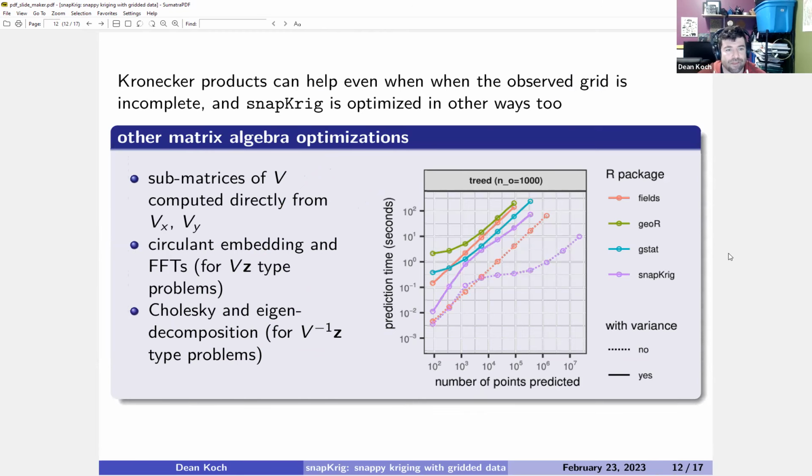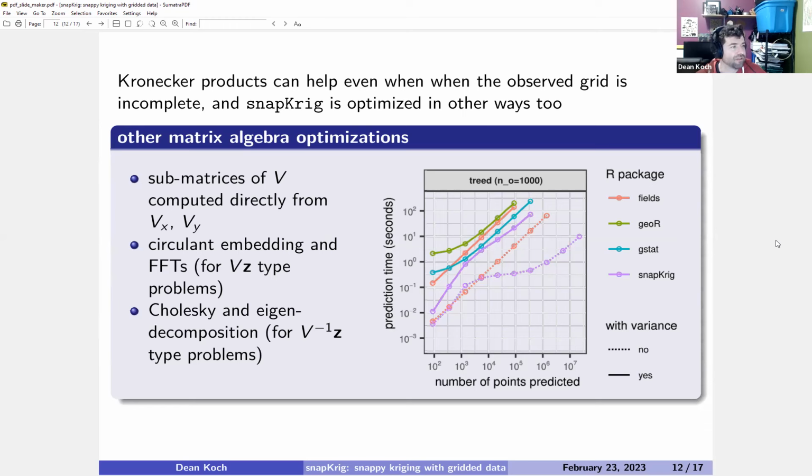And that includes doing matrix multiplications with the variance matrix very quickly using a technique called circulant embedding with fast Fourier transforms. This is nothing new. It's something a lot of packages do, but snapKrig does it, and that makes it actually quite fast on incomplete grid problems as well. It's not as dramatic of a speed up as with the complete case, but it's still usable.